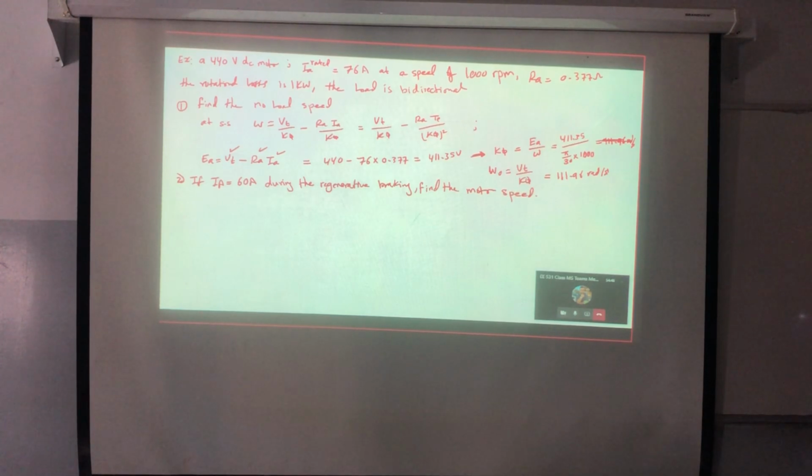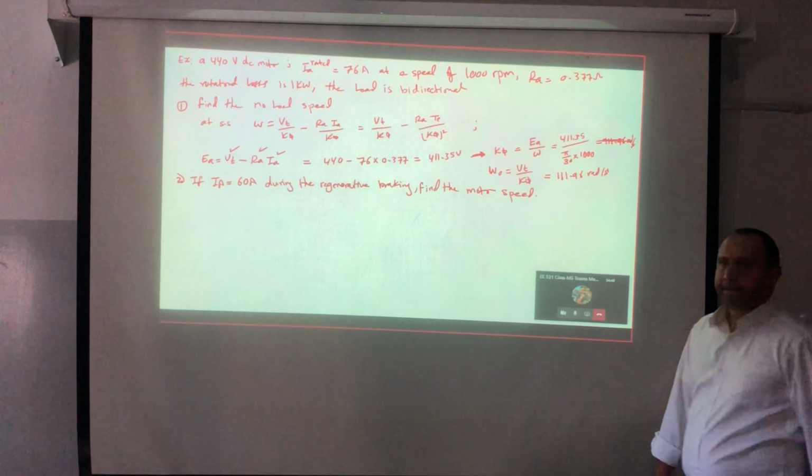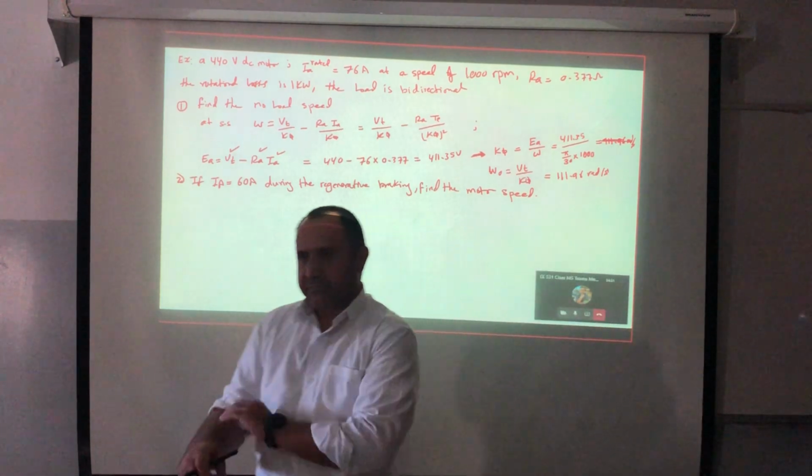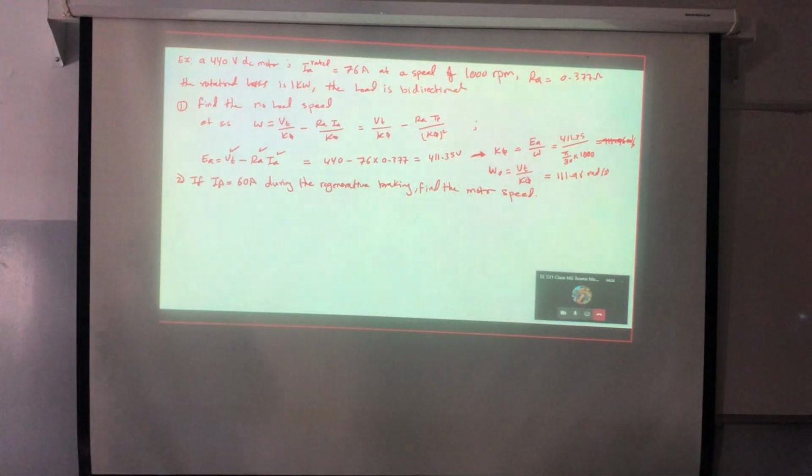Now, in which quadrant am I? Or let's say the torque is positive or negative. You know that to find the quadrant I need to know the torque and the speed. Is the torque negative or positive? Positive. Why? IA is positive, and IA is 60 ampere, so the current is positive.